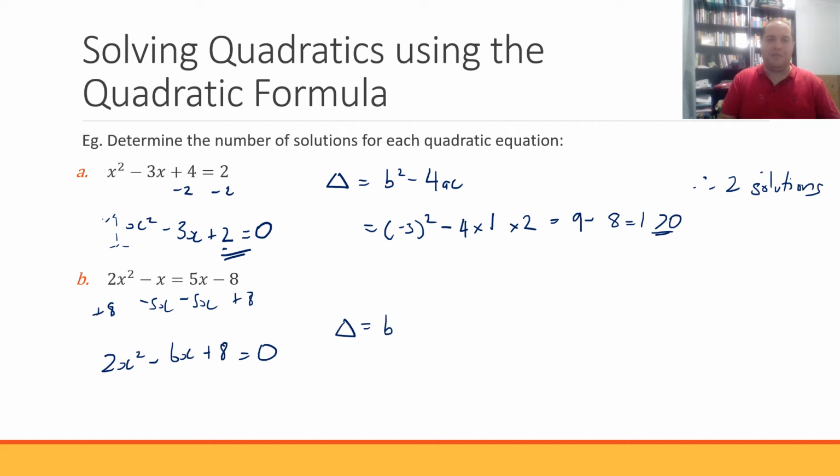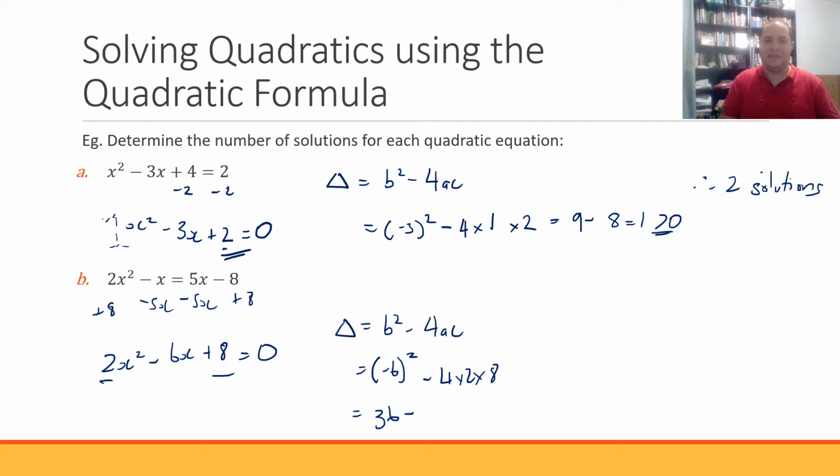It's going to be b squared minus 4ac. b is negative 6, so negative 6 squared. Guys, when you substitute in your negative, make sure it's in brackets so you remember to square the whole thing and make it positive. Minus 4 times 2 times 8. The a value is 2, the c value is 8.